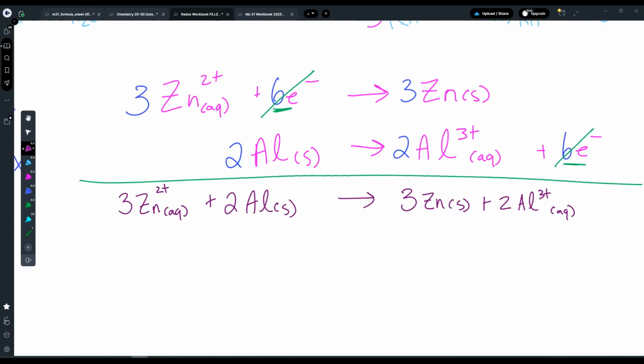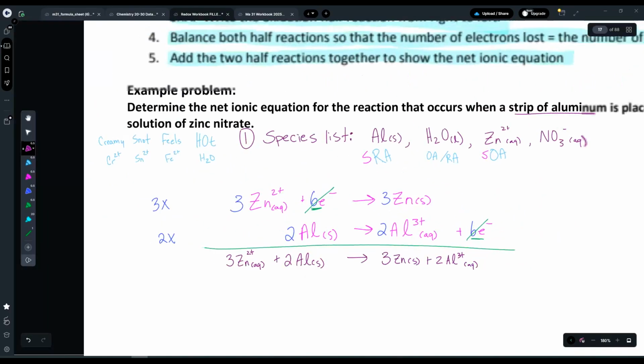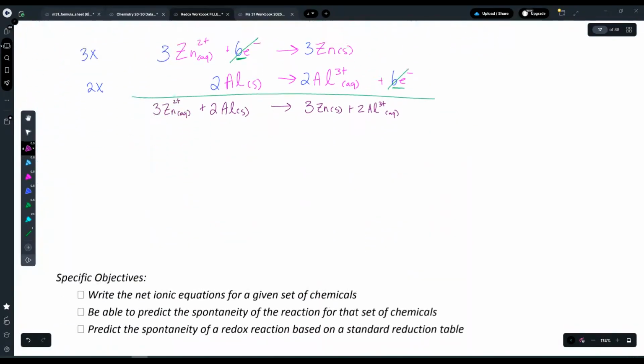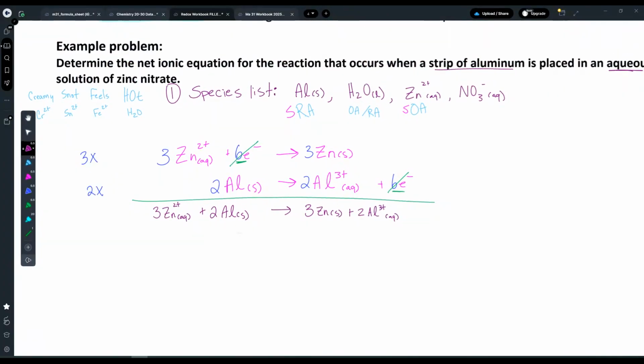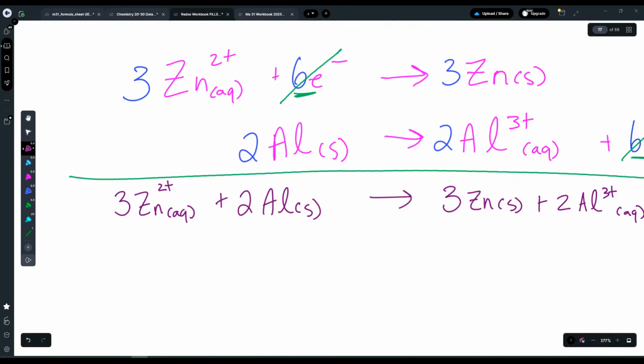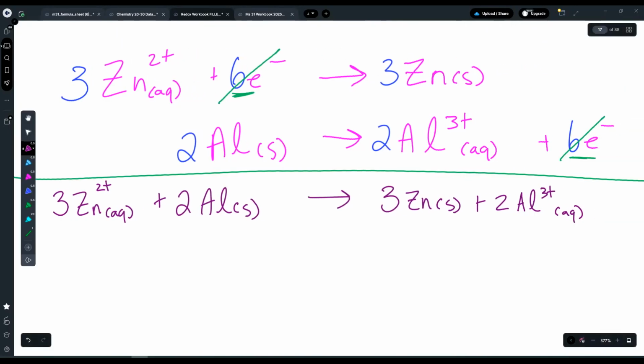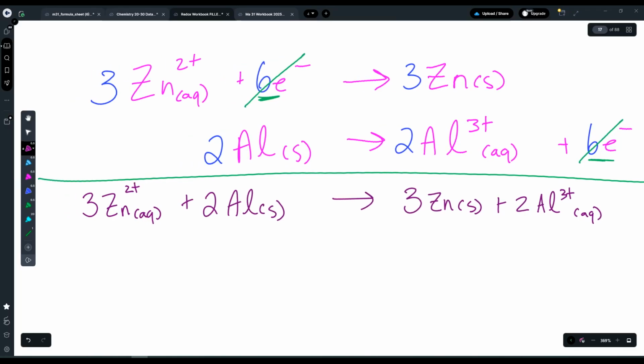Okay, and that's done. One other thing that I'm going to add to this question here is just whether this reaction, so 3 zinc 2 plus ions reacting with 2 aluminum solids gives me 3 zinc solid plus 2 aluminum ions, is spontaneous or not.